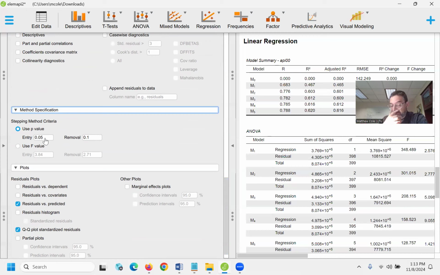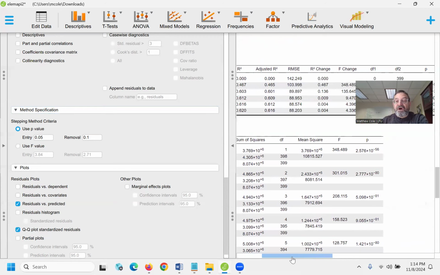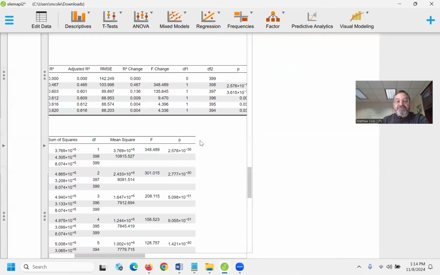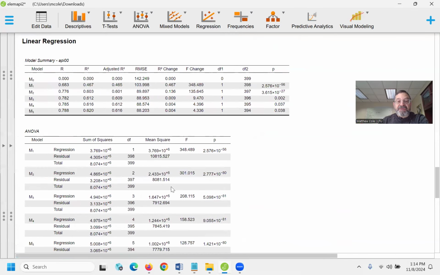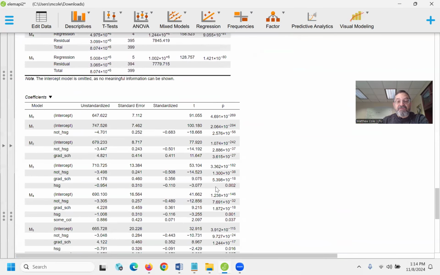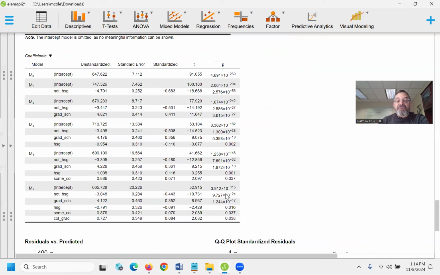That's the criteria we've been working with all semester so far. We've been thinking about hypothesis testing, that alpha equals 0.05, the 95% level of significance. And then it will be removed if that p-value was above 0.1. So all of these predictors had p-values that were less than 0.05, and so they were left in the model.